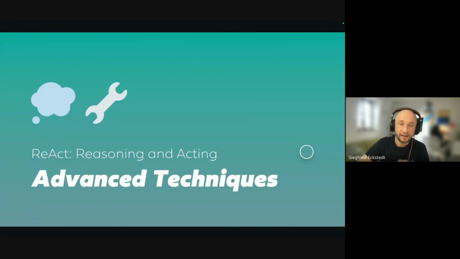All right, now reasoning and acting, or in short, ReAct. This will be familiar to you if you have recently used something that felt like an agent or was coined to be, let's say, an agentic AI feature.